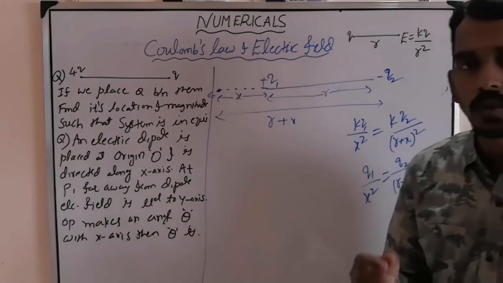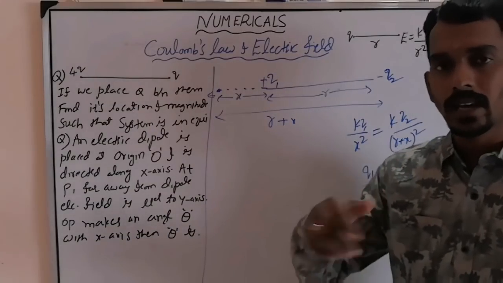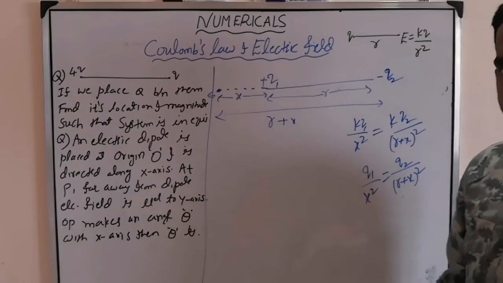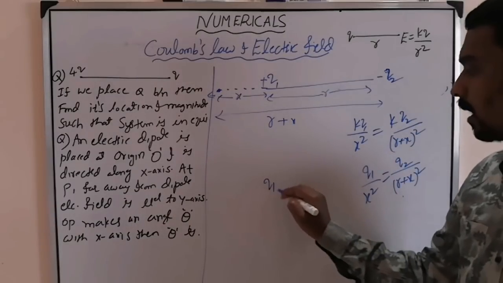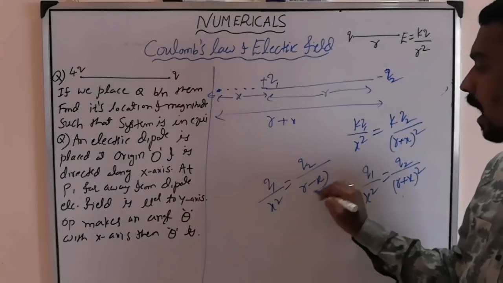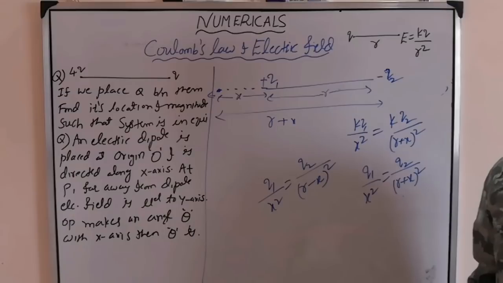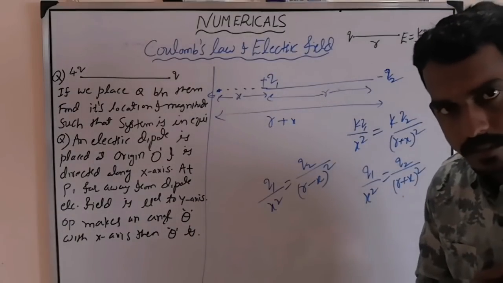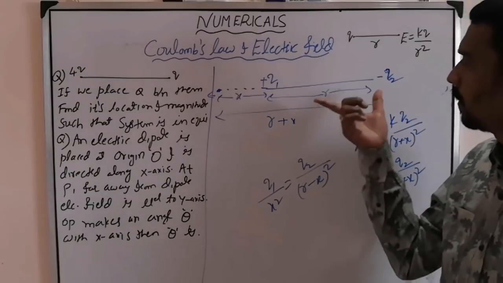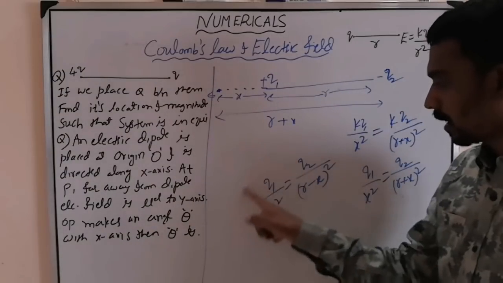So always choose the smaller charge as Q1. Then substitute. But if you find the difference from the previous formula, there it was Q1 by x square and Q2 by (R minus x) whole square. For like charges, the null point lies between the charges and this is the condition.